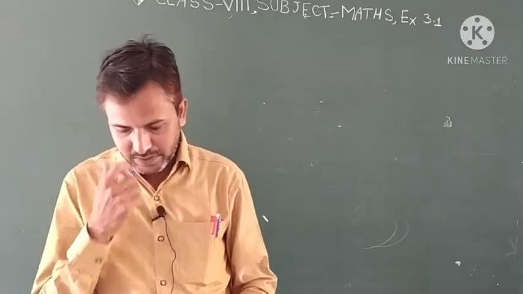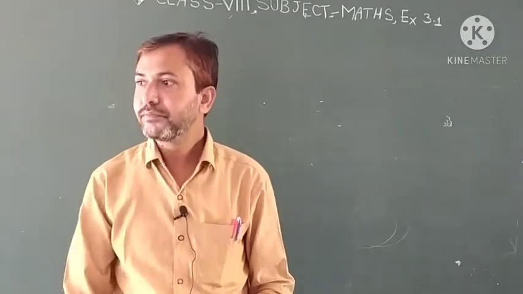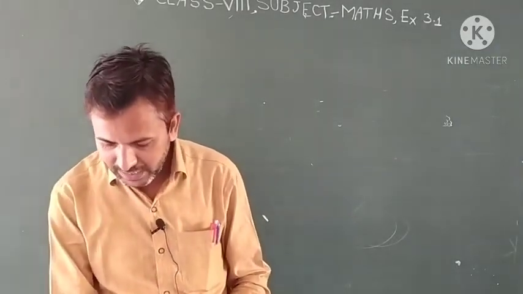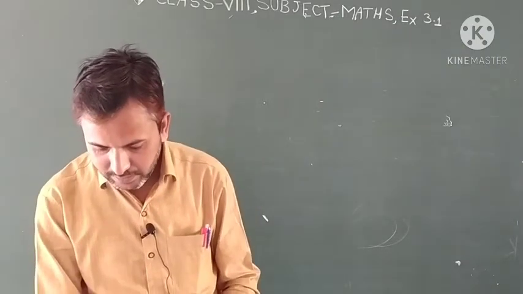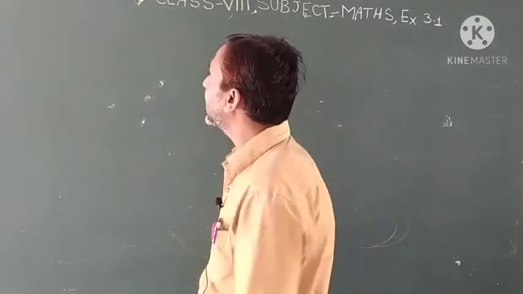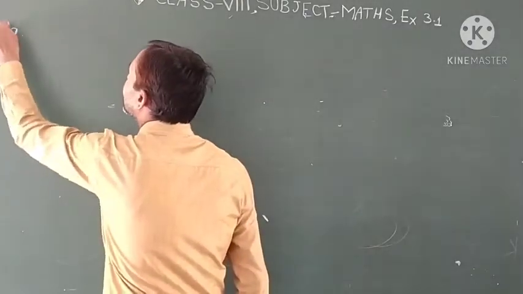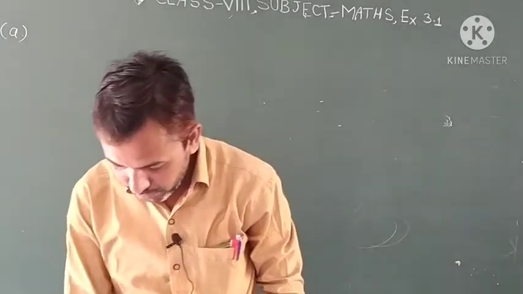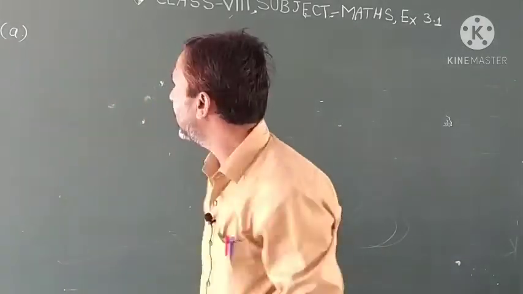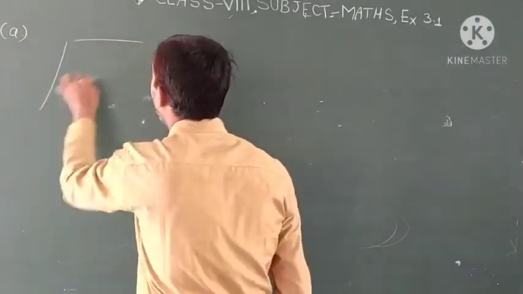Yes, now come to question number 2. How many diagonals does each of the following have? A convex quadrilateral. So we are going to solve the A part of question number 2, convex quadrilateral. I am drawing the quadrilateral for you.